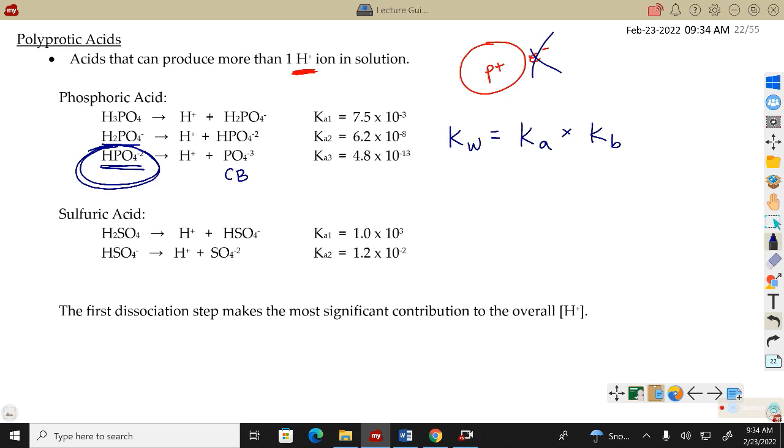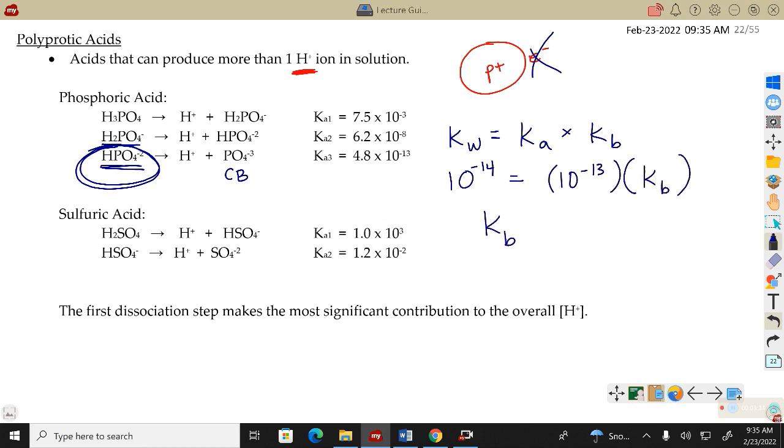Let's say we would calculate the Kb for phosphate. We'd say Kw is about 10 to the negative 14th. And let's just estimate. So I'm going to estimate that the Ka for the hydrogen phosphate is about 10 to the negative 13th. And I want to solve for the Kb of phosphate.